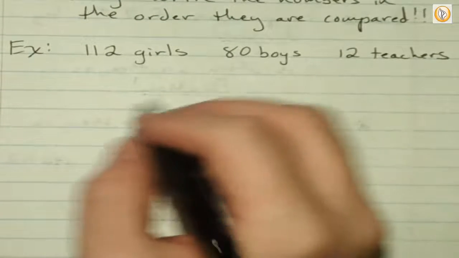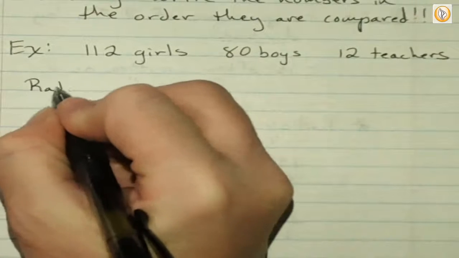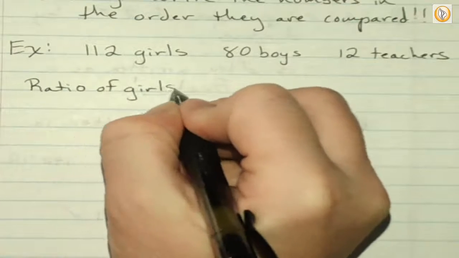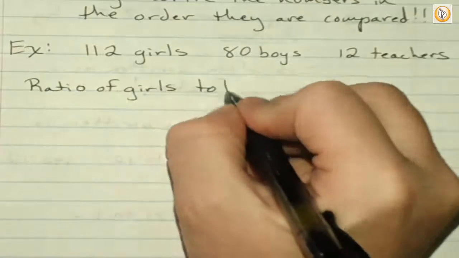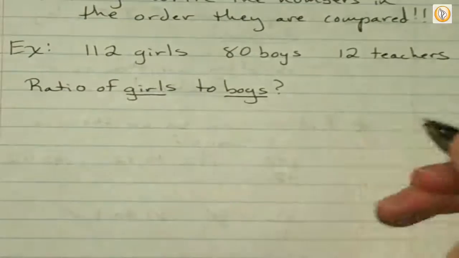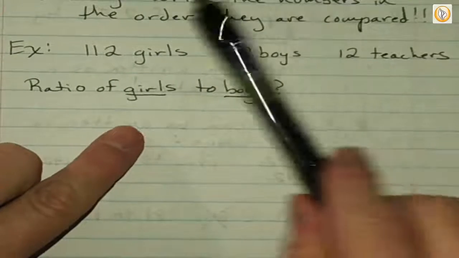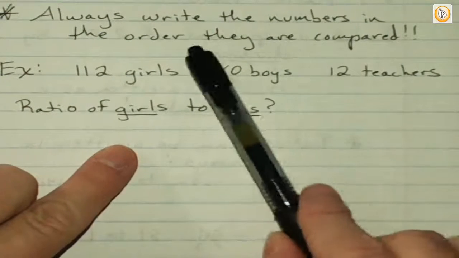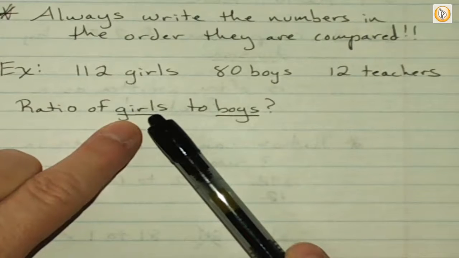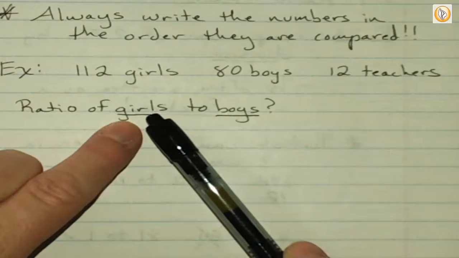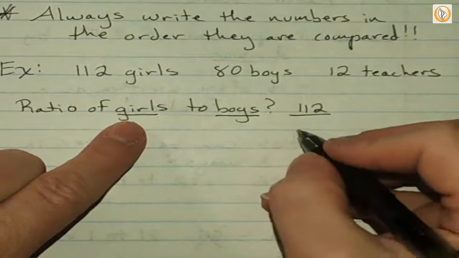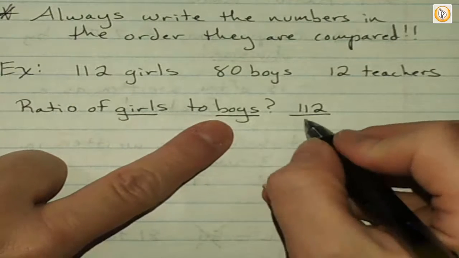The first question asked, what is the ratio of girls to boys? 112 to 80. Always write the numbers in the order they are compared. Girls comes first, therefore 112 over 80.